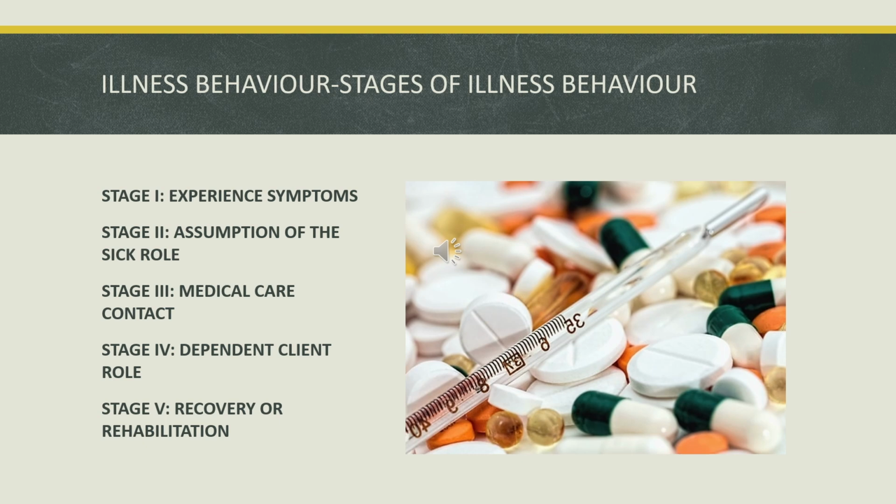The client believes that something is wrong, experiences physical symptoms, and also expresses it in the form of emotional response. He or she may try to consult others, friends or colleagues, and may try some home remedies or self-medication in this stage 1.